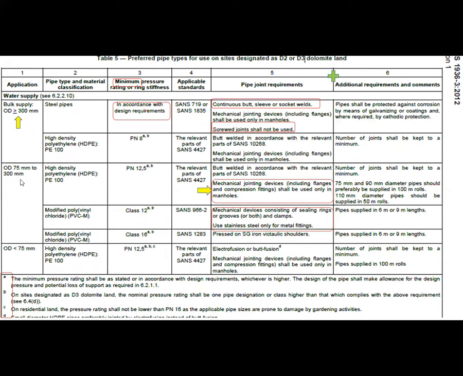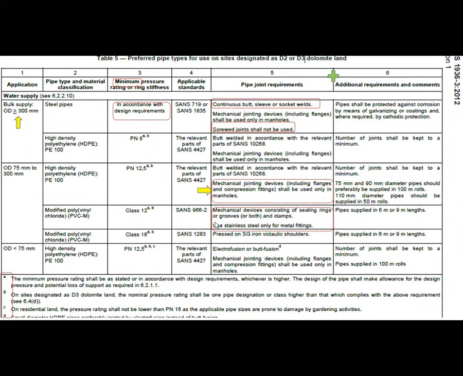The other two within this size of pipe that is allowed, or is preferred, should I say, is PVC, which is then obviously modified. So here's two classes that they have put, and you can see it's exactly the same makeup or material. And the one is class 12, and the other applicable standard that works with that is 966 part 2 and 1283.